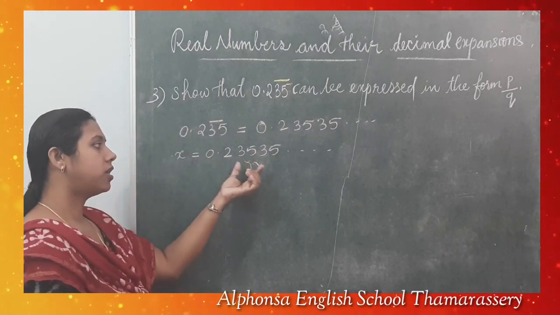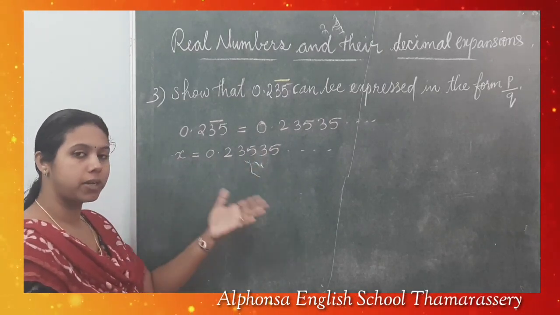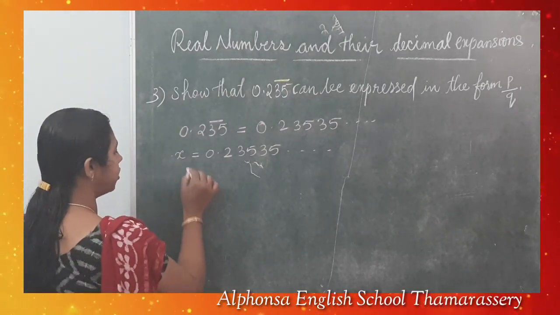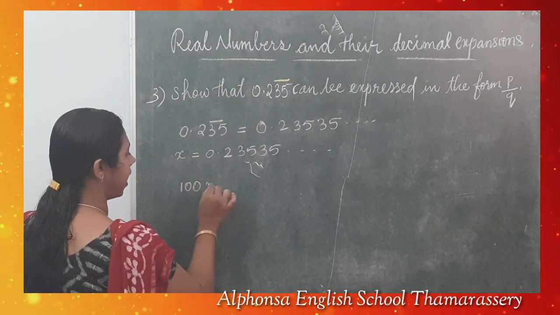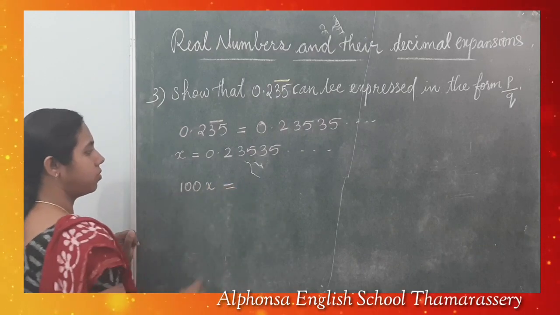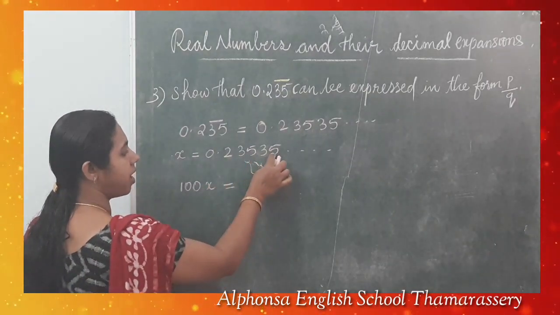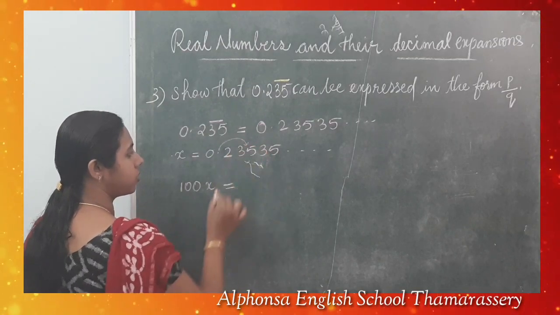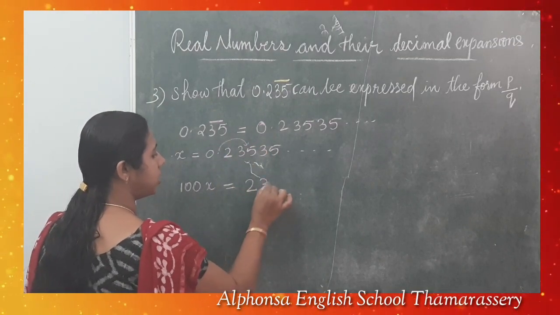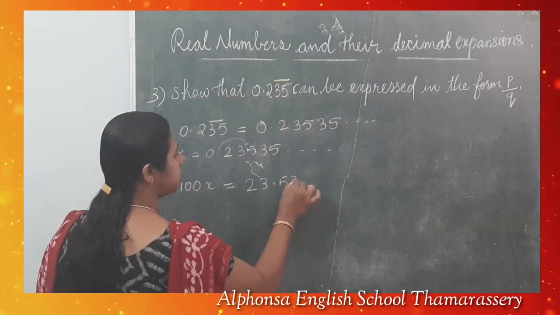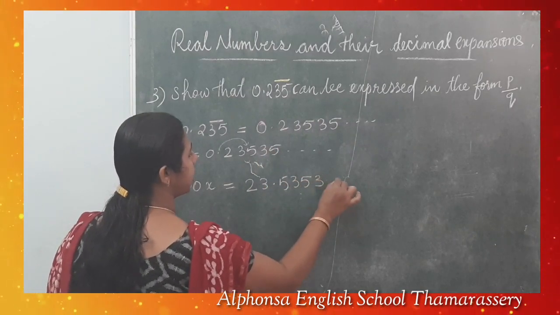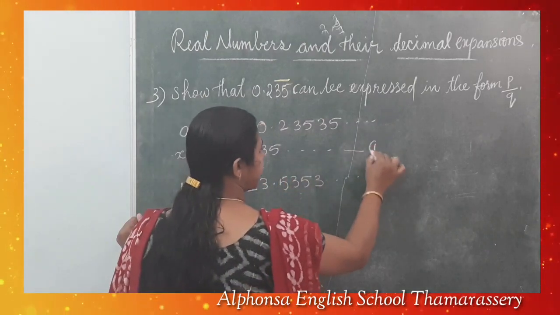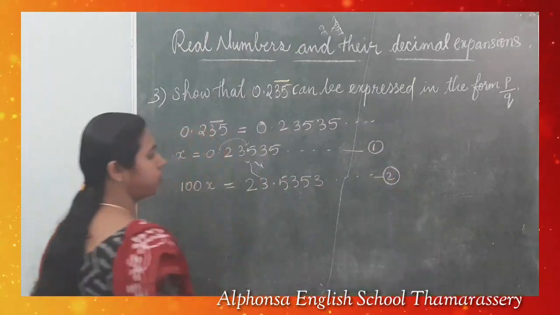So here two digits are repeating, so you should multiply by 100 on both sides. So 100 into x is 100x, which is equal to 100 into 0.23535, etc. So the decimal point moves 2 places to the right, so you get 23.5353, etc. Take this as equation 1, this is equation 2.